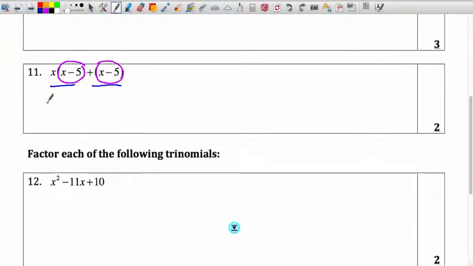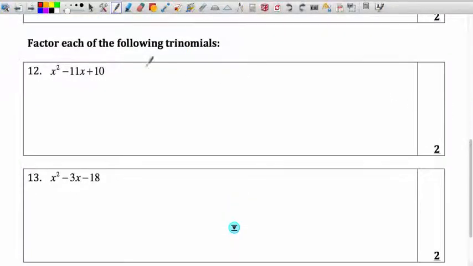This is not a distribution question. What you're doing is you are removing a GCF of x minus 5 from each of the terms, and what you are left with in this case is an x. And what's strange about this is there doesn't appear to be anything, but of course there is always a 1, and so what's left in the other parenthesis is an x plus 1.